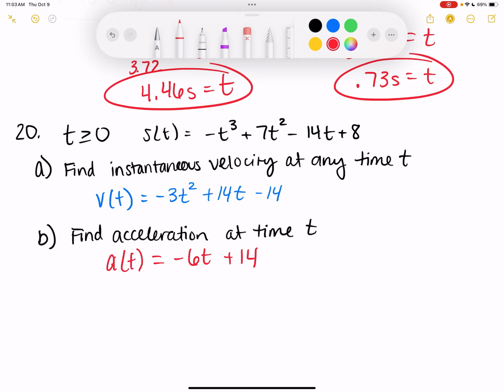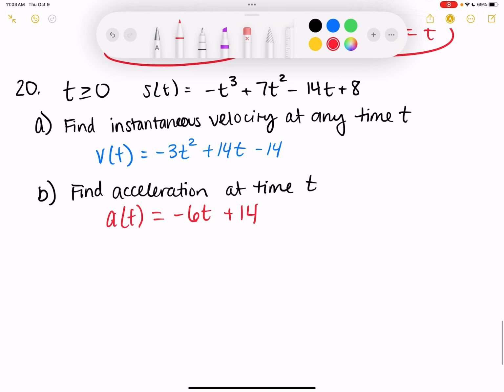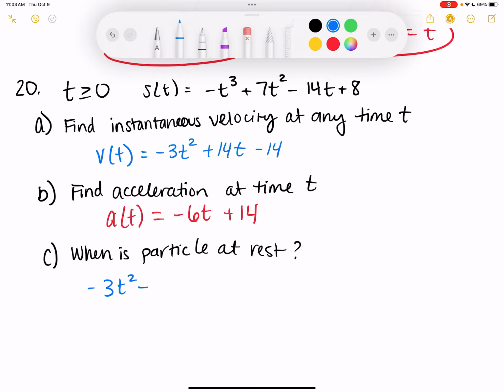So then, when is the particle at rest? We're taking our velocity equation and setting it equal to 0 to find that. So we would have negative 3t squared plus 14t minus 14 is equal to 0.